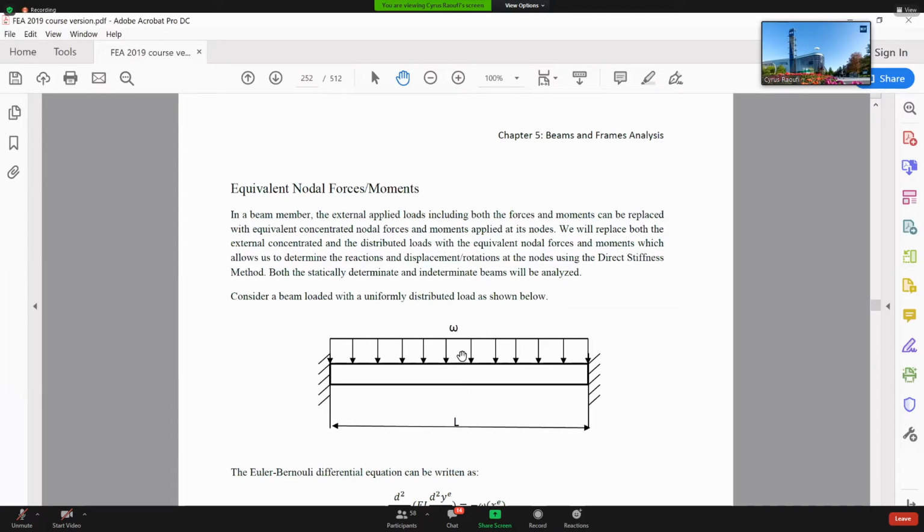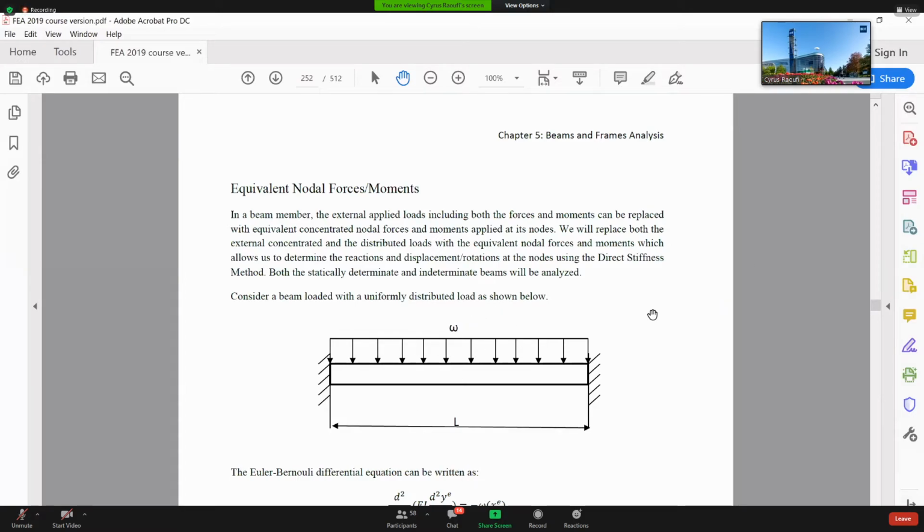I'm going to replace this distributed load. Please pay attention to the concept here. I'm going to replace this distributed load with loads at the nodes such that the result in terms of stress and deflection will be the same. One more time. I have this distributed load.